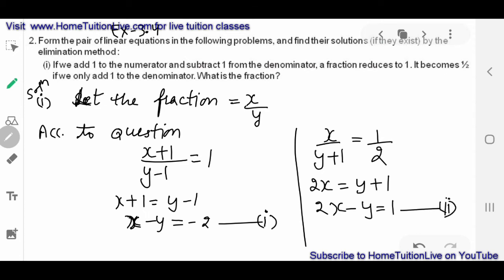Now we will solve this by the elimination method and find the values of x and y. Now multiply equation 1 by 2.